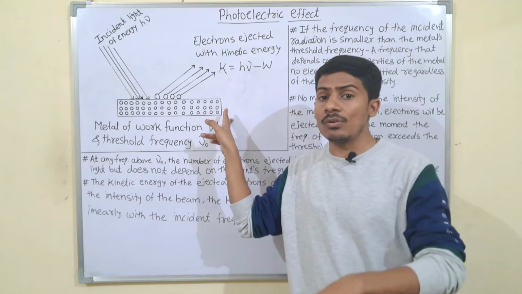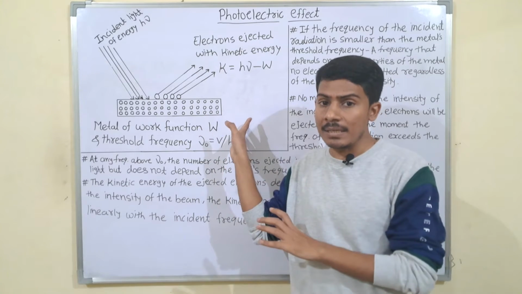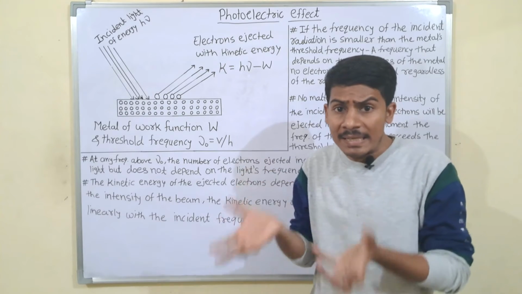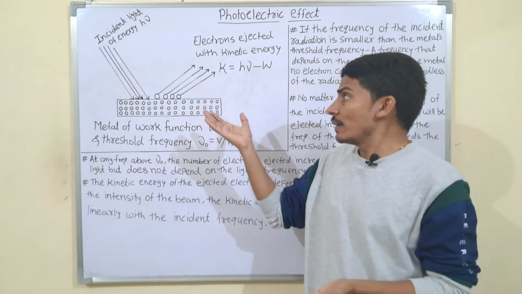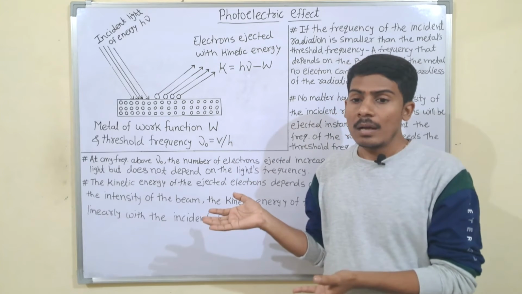Only then are electrons ejected from the material. Then what is the importance of intensity? Why do we use light intensity in this experiment?